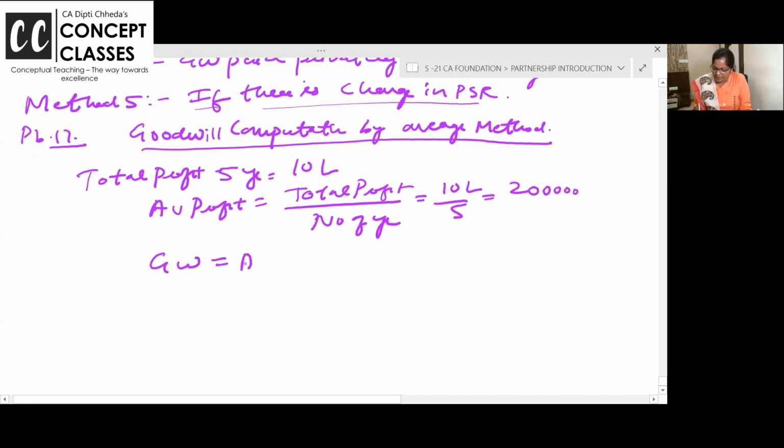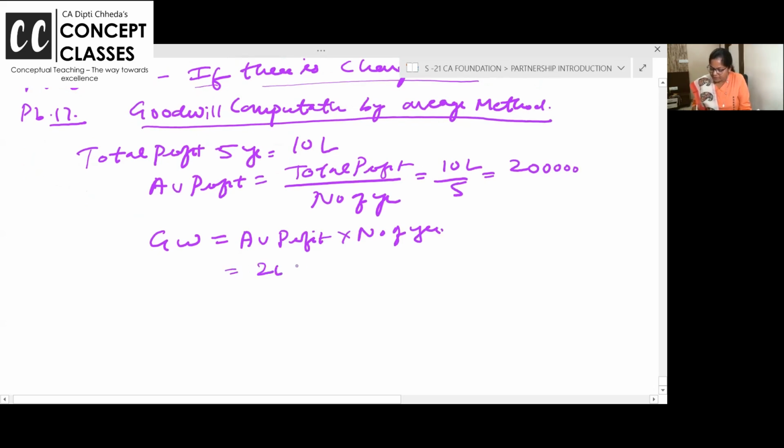And goodwill is average profit multiplied by number of years. Goodwill should be valued at 3 years purchase of average profit of 5 years.